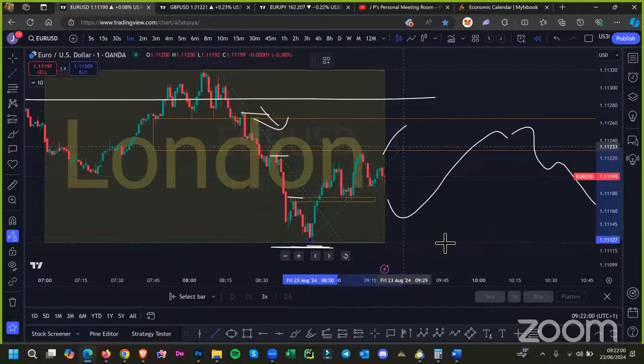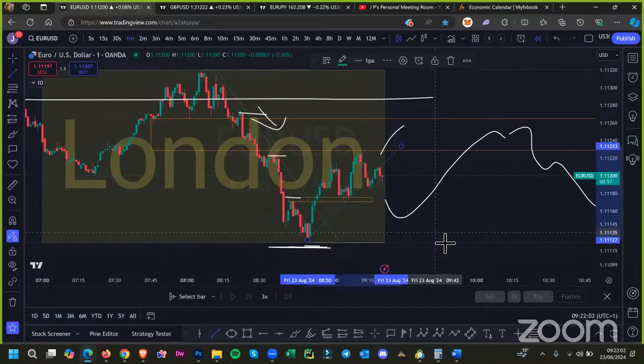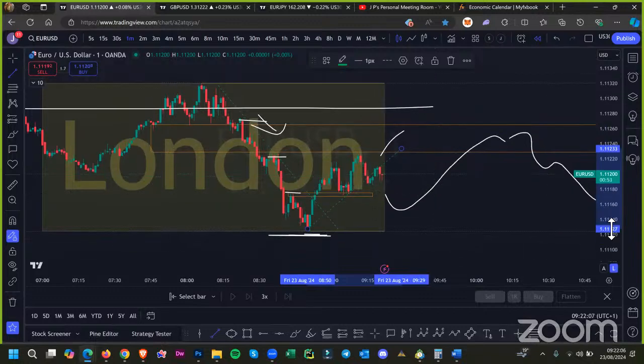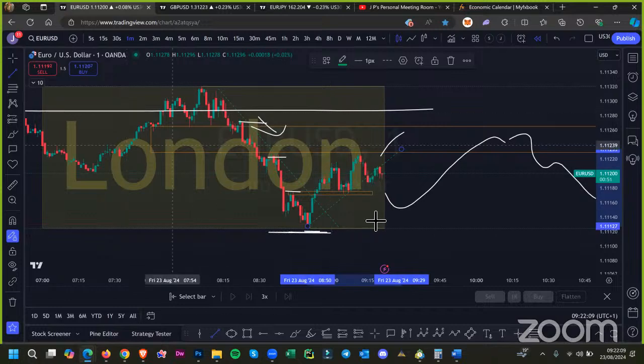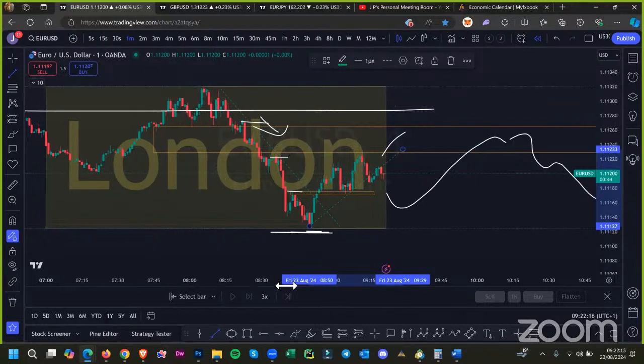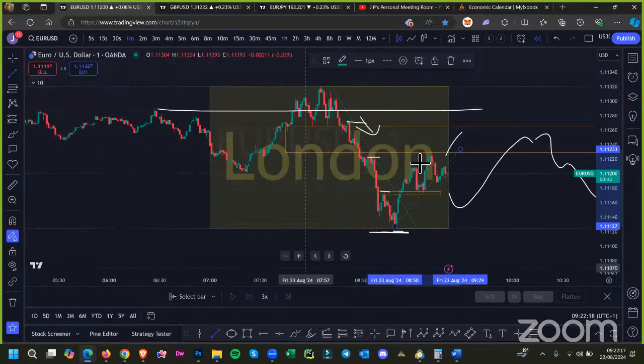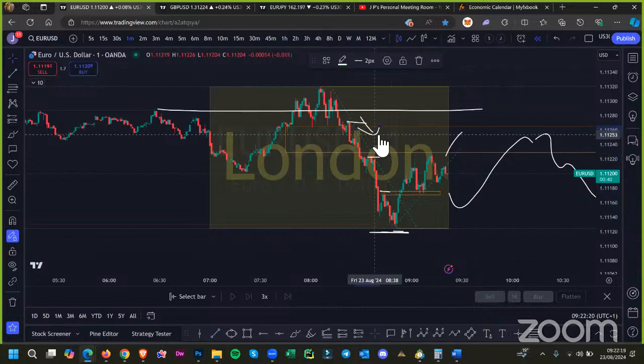But let me tell you, on a bigger picture, I am quite concerned of whether that market wants to come down and get to this orange line, because in this session, which is the London session, and especially within this kill zone, it's best to trade away from where the market first induces liquidity. That's my only concern, especially with that little buy.